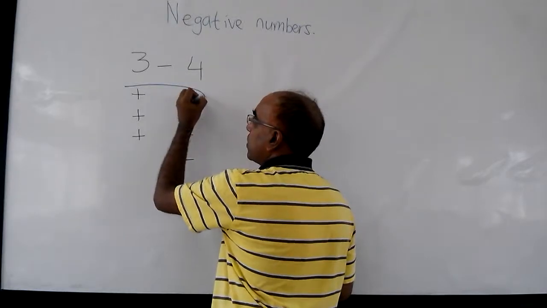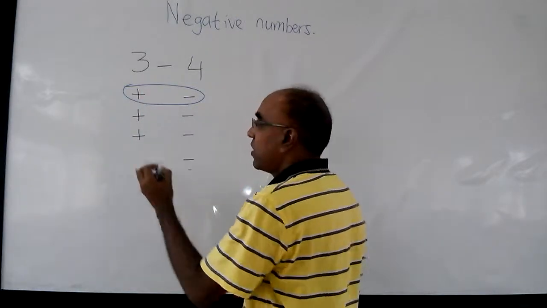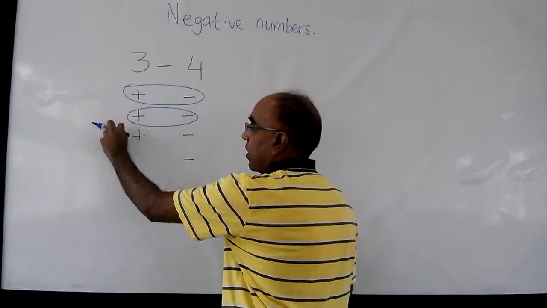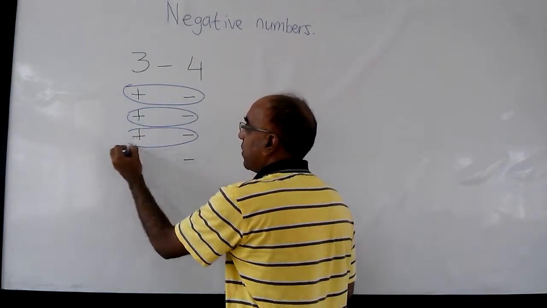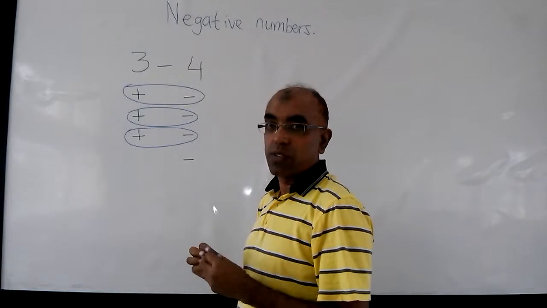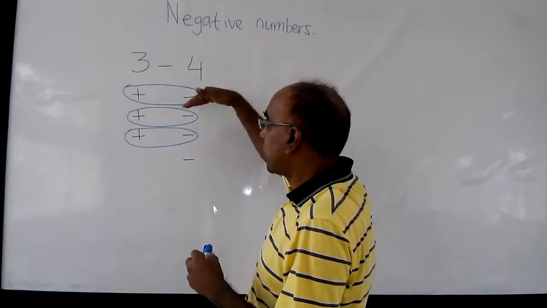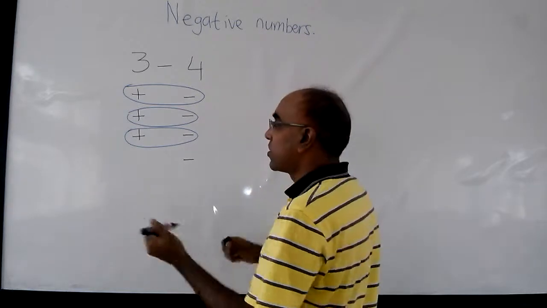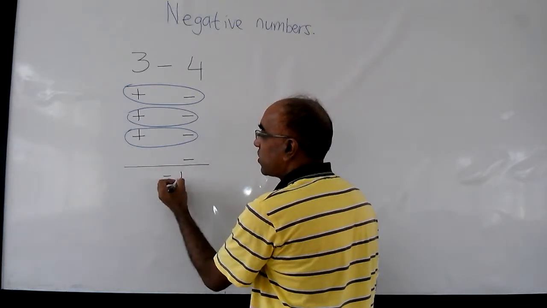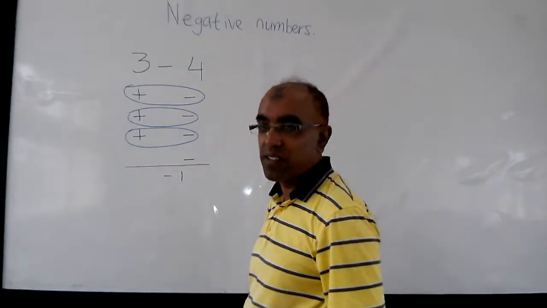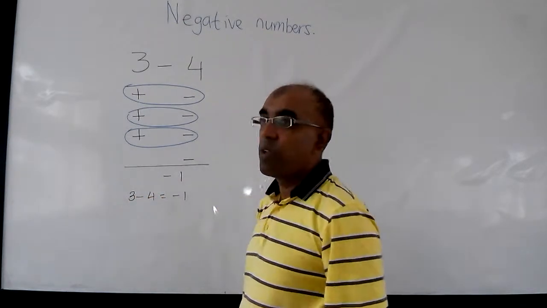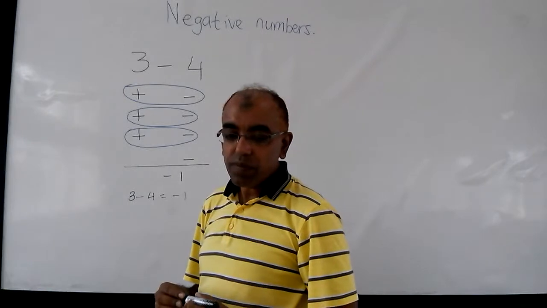So I have plus, minus, I've got 1, then I'll get a second, and then I'll have a third. Having done the 3 couples, what remains is 1 minus. So that means the answer is minus 1. So 3 minus 4 is equal to minus 1.